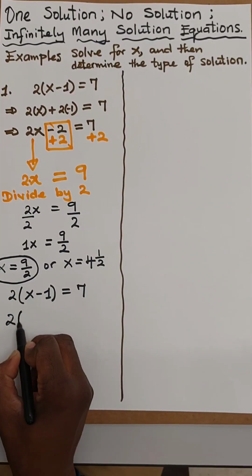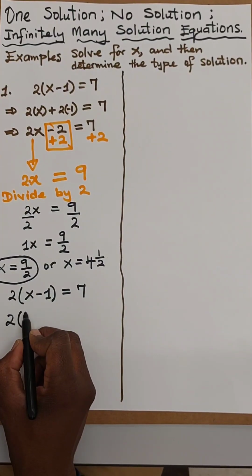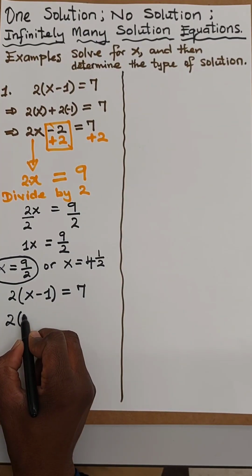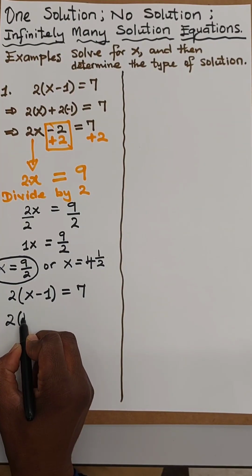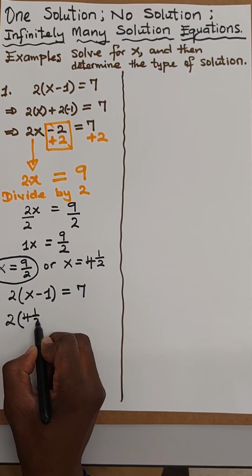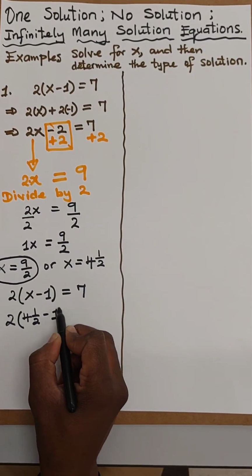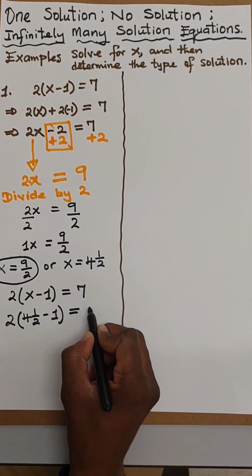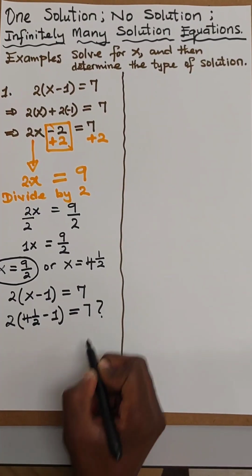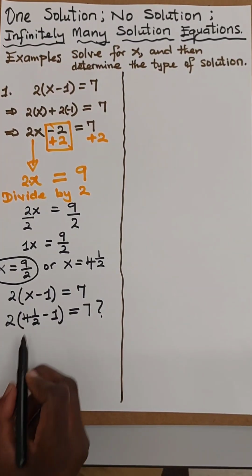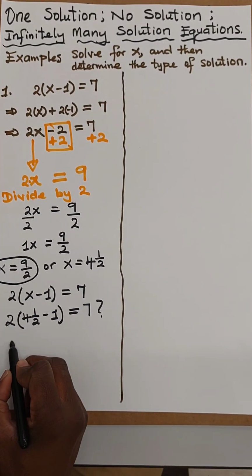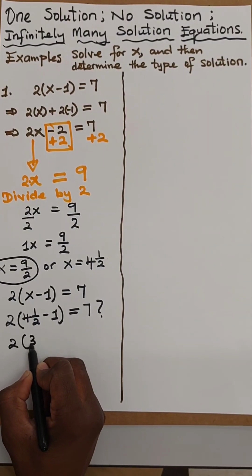If we do 2 parentheses open, replace x with 4.5, so 4.5 minus 1. Does that equal 7? It's a question until we find out. 4.5 minus 1 is 3.5. So we now have 2 times 3.5.